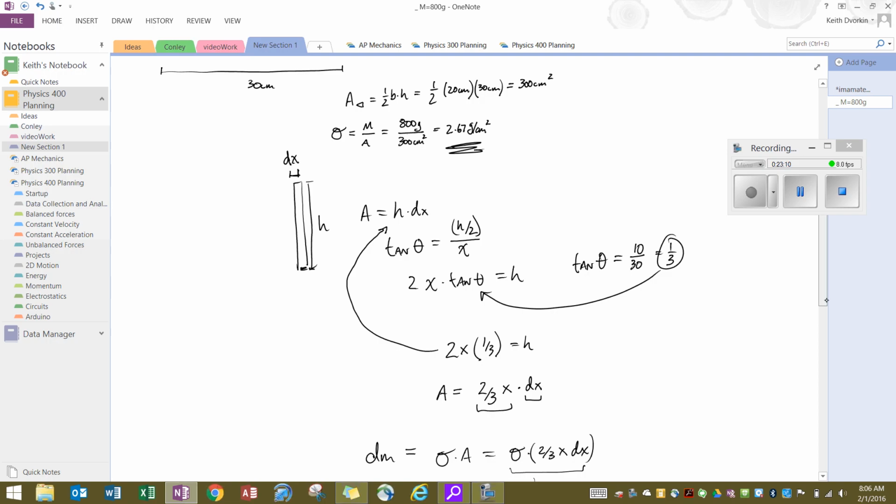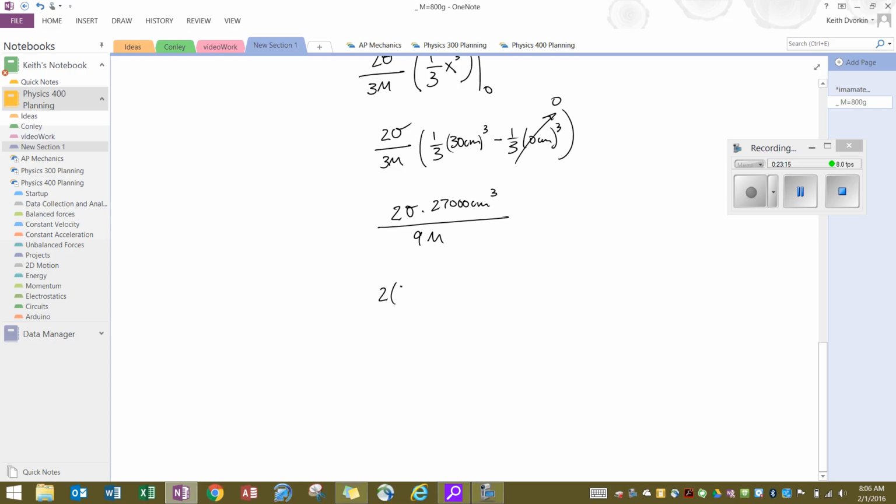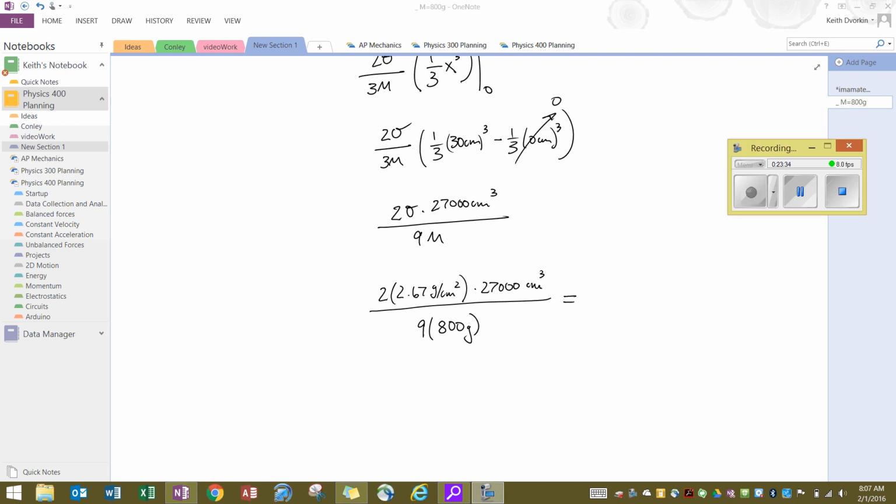It's how many grams per square centimeter, so 2.67 grams per square centimeter, times 27,000 centimeters cubed divided by 9 times the total mass, which was 800 grams, gives us a location of 20.0 centimeters.